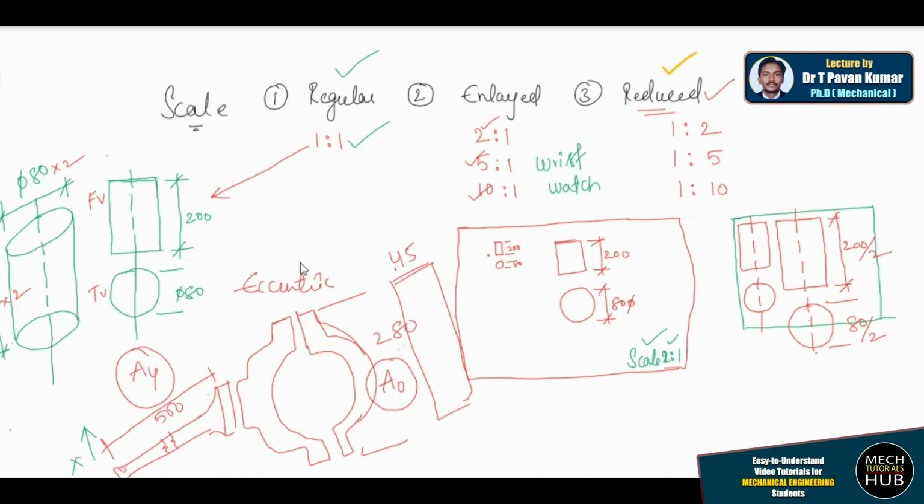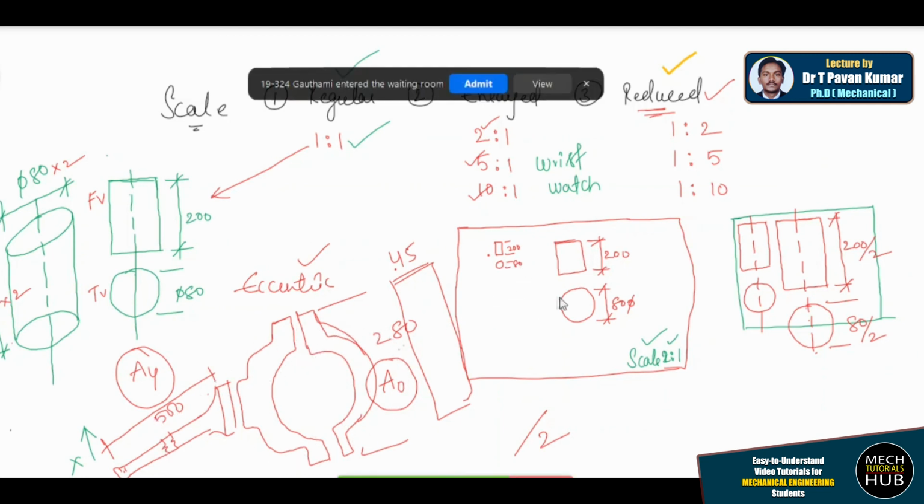Okay, so in this case of eccentricity, we'll try to go with a reducer scale. Means all the dimensions, whatever the dimensions given to you in the questions, all are divided by 2. Means all are reduced by this number, so that I can use those dimensions to construct the complete sketch. Okay, after construction, you are supposed to show the given dimensions only here.